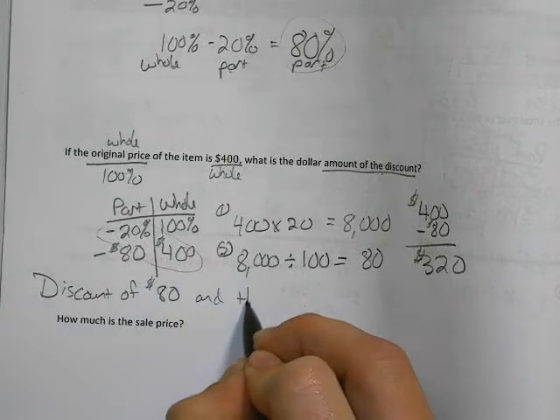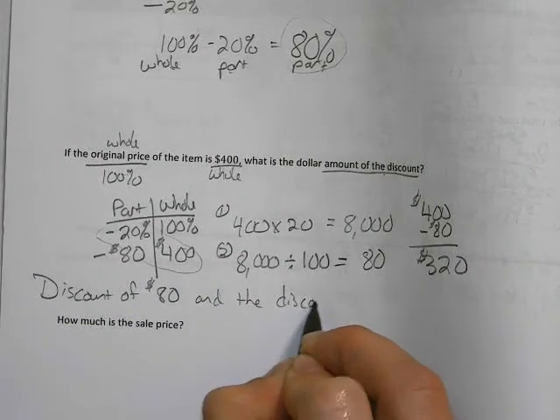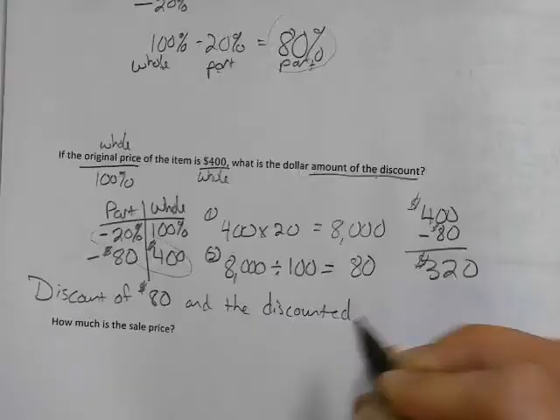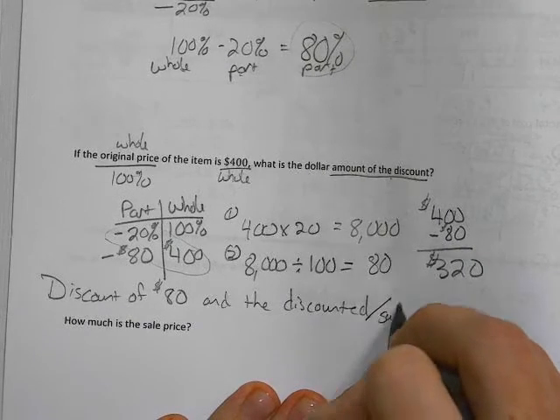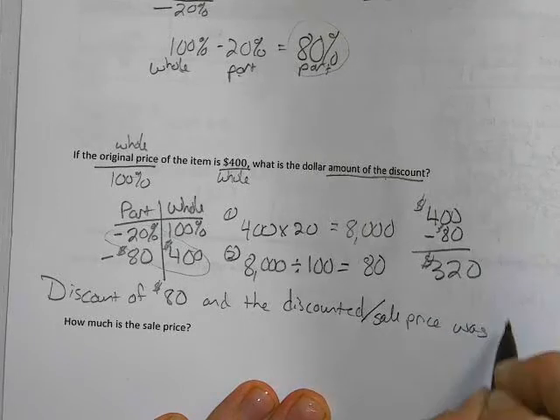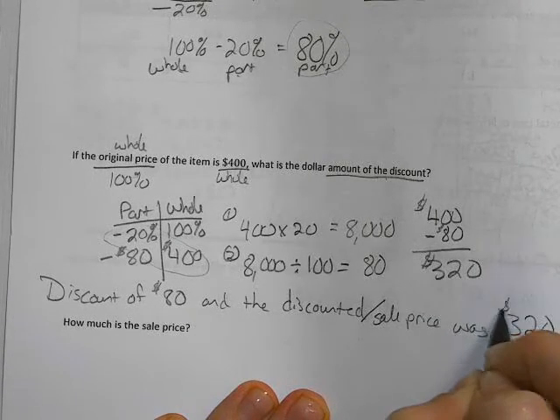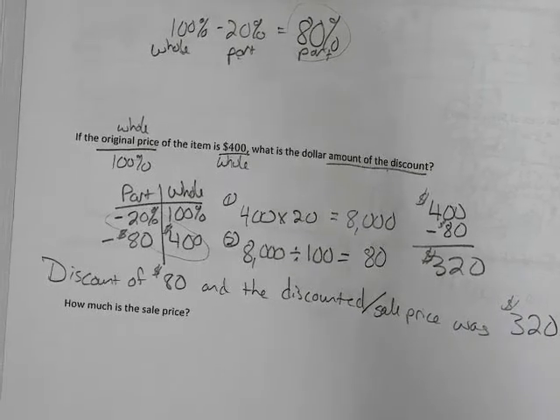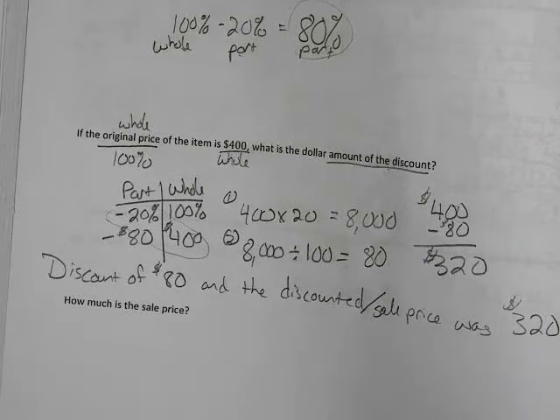And the discounted price, or what we call the sale price, was $320, which is the answer to below.